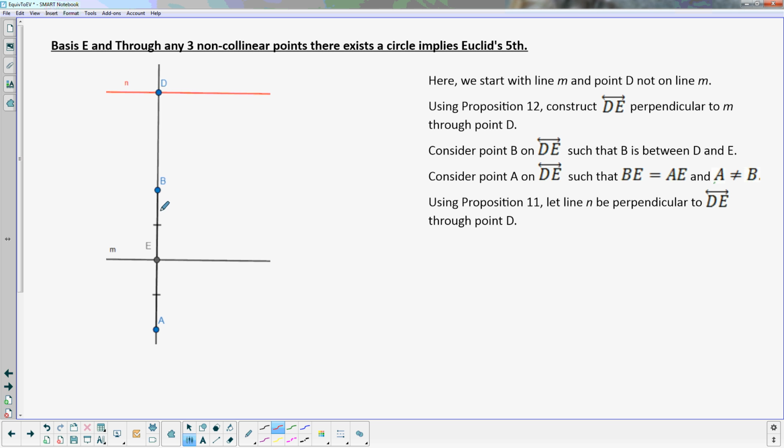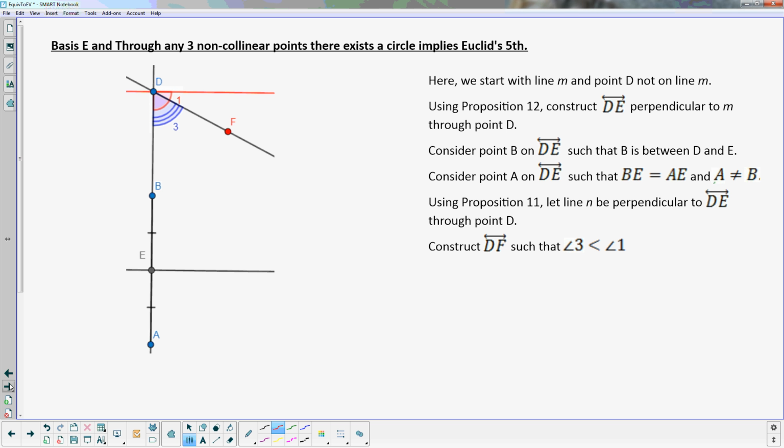Next, I'm going to use proposition 11 to let line N be the perpendicular to DE that goes through point D. So I've given that line N, and now I'm going to construct segment DF with point F in a way that forces angle 3, and I didn't want to type out all the angles, to be less than angle 1.